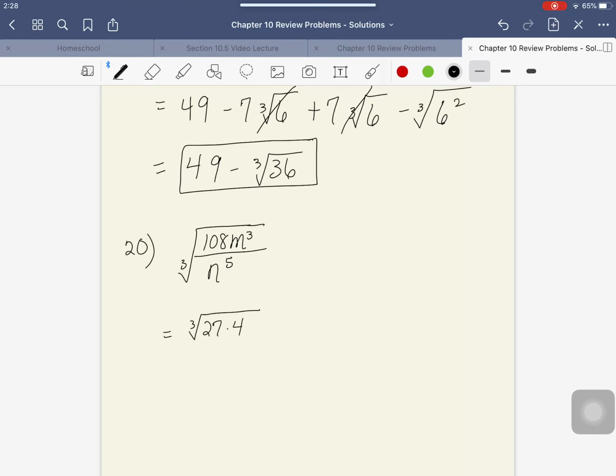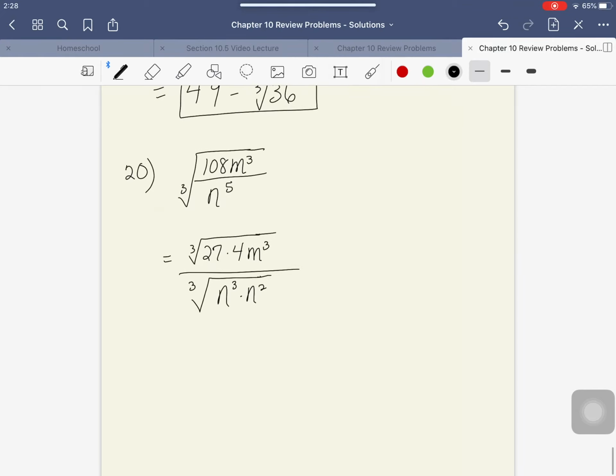So 27 times 4 m cubed over the cube root of, and I'll write this as n cubed times n squared. All right, so now I'll take out my cubes. The cube root of 27 is 3. The cube root of m cubed is m, so 3m cube root of 4 over the cube root of n cubed is n, and I'm left with the cube root of n squared.